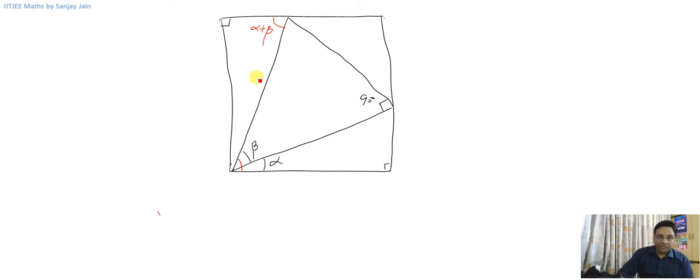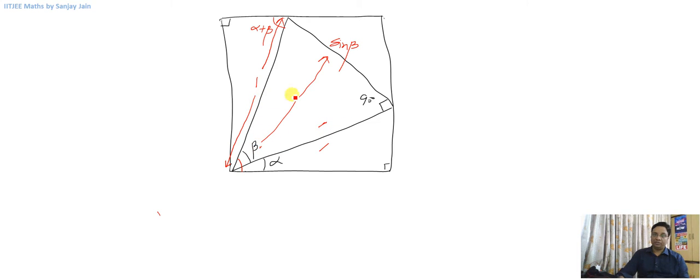And now if I take this length as 1 unit, from the basic manipulations, what will be this length opposite to beta? This will be sine beta, because this is a right angle triangle and this angle is beta.